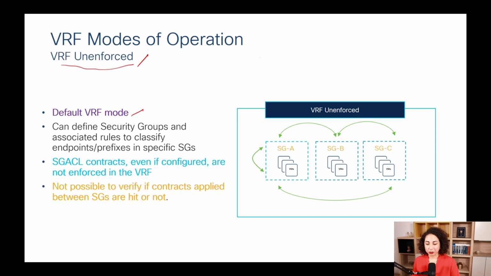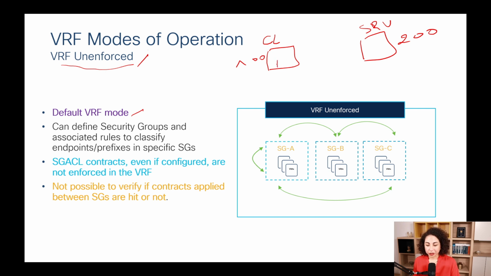In other words, we can go ahead on our leaves and configure the different groups that we want. For example, we configure the SG clients and the SG servers. We assign the tag 100 to the first SG, the tag 200 to the second one. We are even matching specific hosts with, for example, IP addresses to put them into the proper security groups.